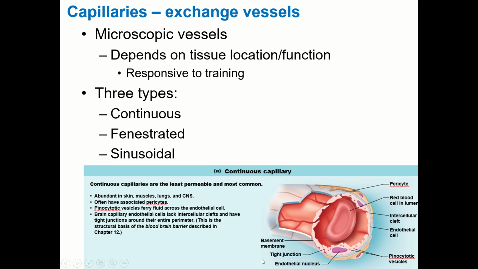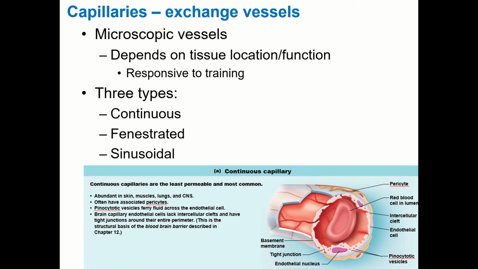And so what you've got here in our continuous capillary, and this is the type of capillary that we're going to talk about the most because these are found in skeletal muscle, which is of course our interest in this class, or one of our primary interests, as well as the skin. These endothelial cells have tight junctions between them. Hopefully you remember those from chapter 3.